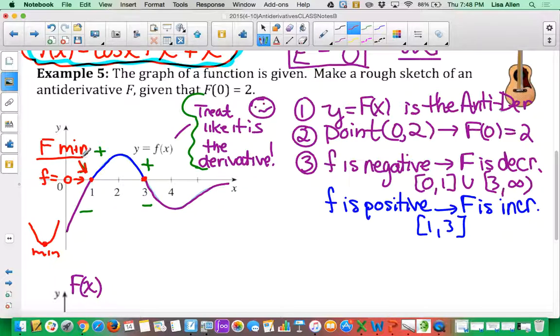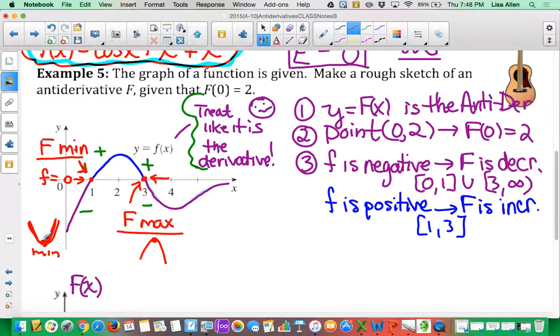And at this case where f is also equal to 0 here, that would mean that capital F would have a maximum, because you can see that the slope would be positive and then go to a negative slope. You would have a little mountaintop experience there, where over here you have a little valley experience, a minimum on the left-hand side.